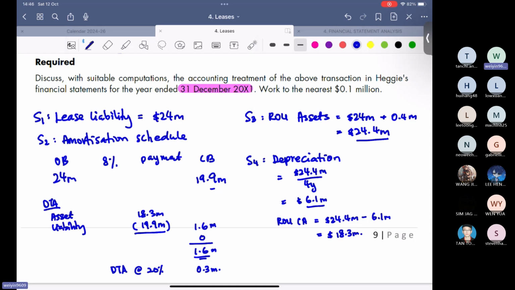So this gives rise to the temporary differences. The result on DTA shall be recognized at 0.3 million. Okay, that's it. So you just follow what you have calculated from step 1 to step 4, additional to the DTA.